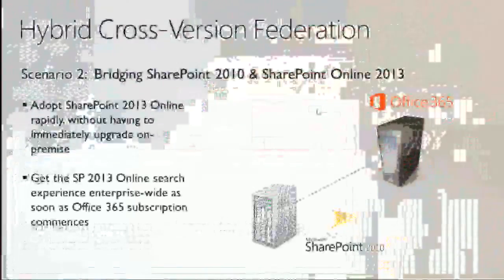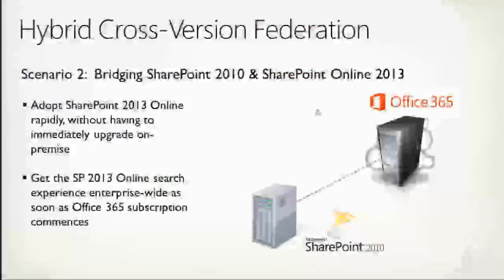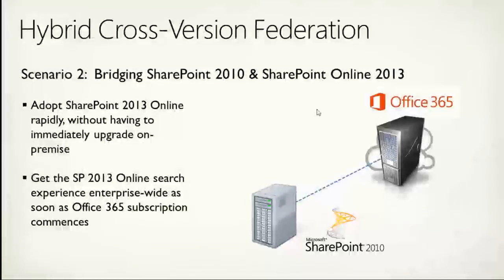So this is a pretty common scenario, especially with 2013 coming up. How many people here are using SharePoint Online? Or plan to in the next year? So it's a handful. We're in this situation. We're a heavy user of SharePoint Online. We don't control when we change to SharePoint 2013 in the cloud.